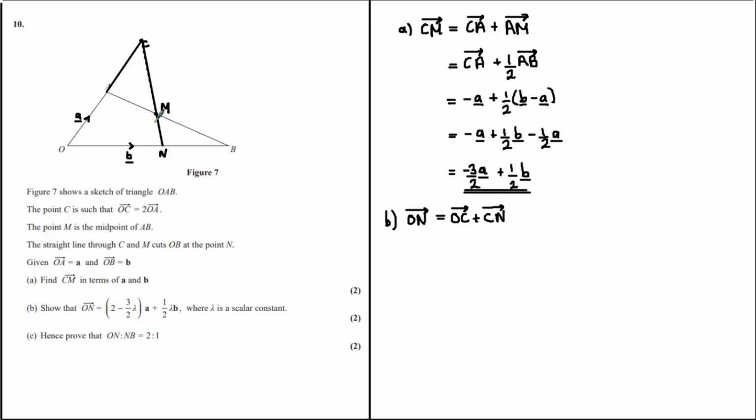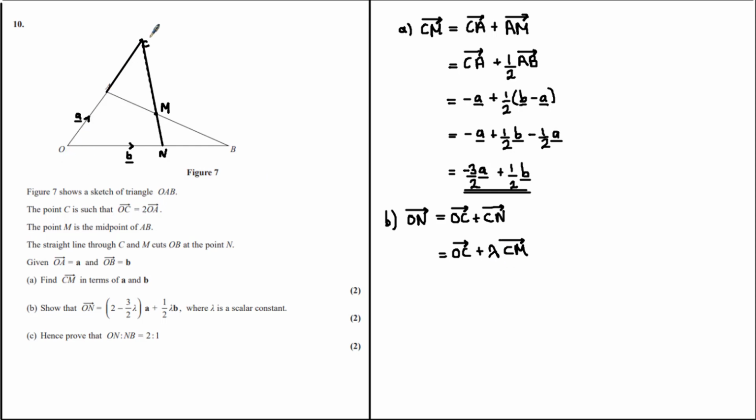Because the points C, M and N are on the same line, or you could say collinear, that means that the vector CN is a scalar multiple of the vector CM. So this is where we can start to involve this lambda that we need somehow in this question. Okay, so we could therefore write that this is equal to OC plus lambda CM, where lambda is a scalar multiple that we're going to use.